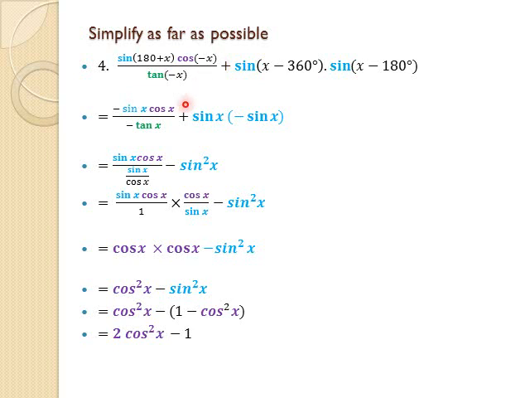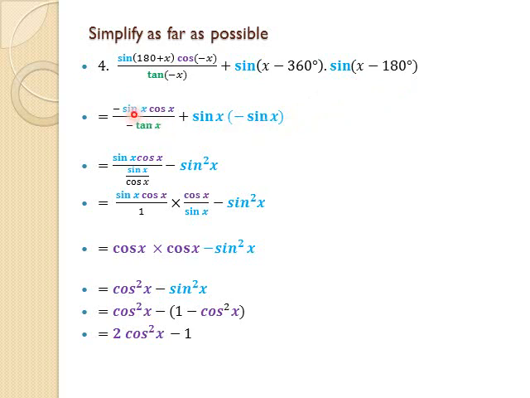Fourth quadrant, cos is positive, so that becomes cos x. Tan of negative x, fourth quadrant, so tan in the fourth quadrant is negative tan x. X minus 360 means I started in the first quadrant and I rotated back to the first quadrant, so that becomes sine x. X minus 180, right, started in the first quadrant, rotated clockwise 2 quadrants, third quadrant, sine is negative.